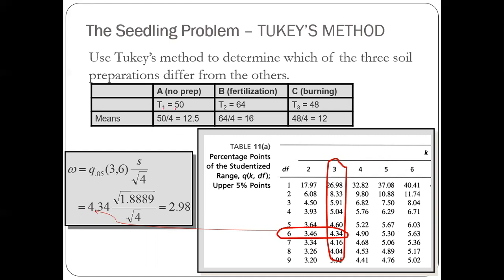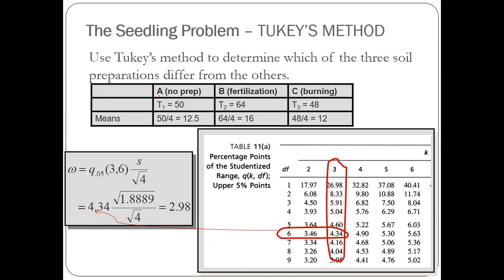The total value of the treatment divided by the number of blocks.